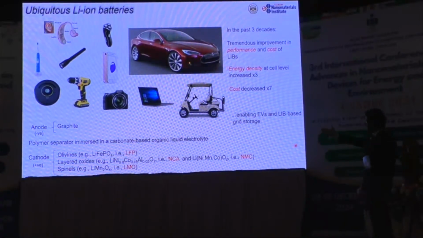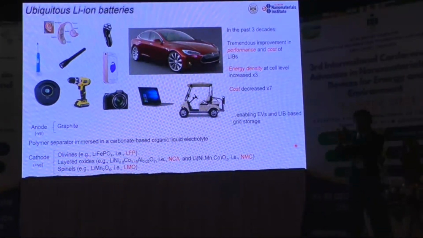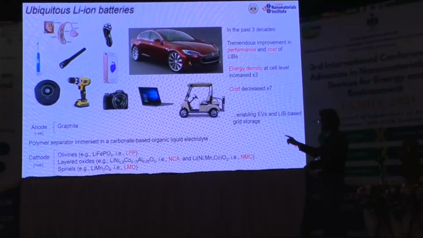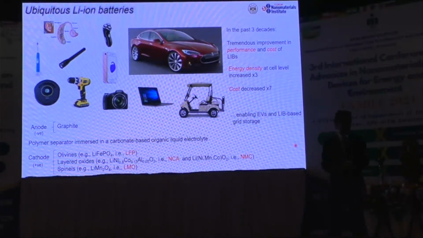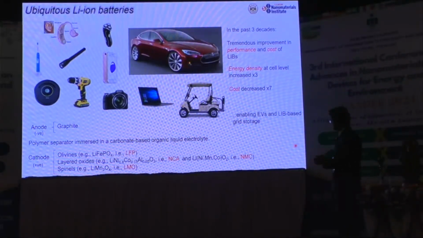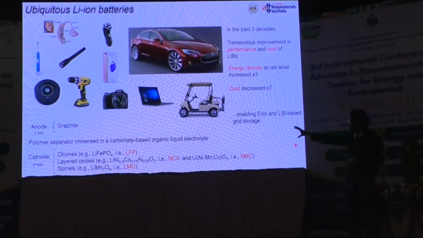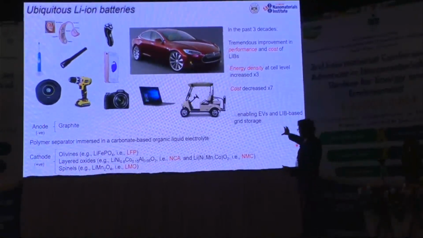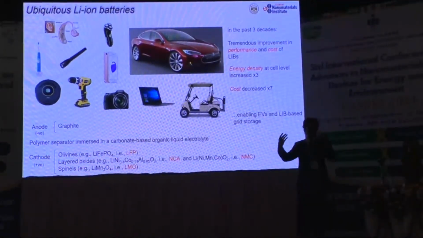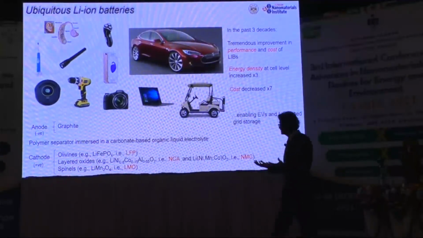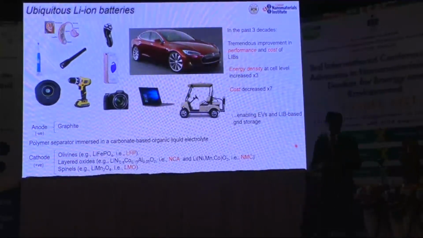And then, of course, there are polymers that separate these two electrodes so that they don't short circuit, right? And then you have electrolytes, and electrolytes have the salt and the solvent, right? Basic chemistry. So all these advances in the past 3 decades now embolden us to start thinking about electric vehicles and lithium-ion batteries.